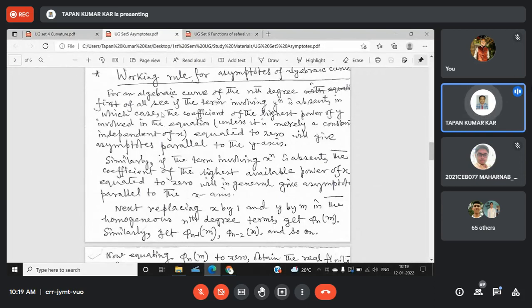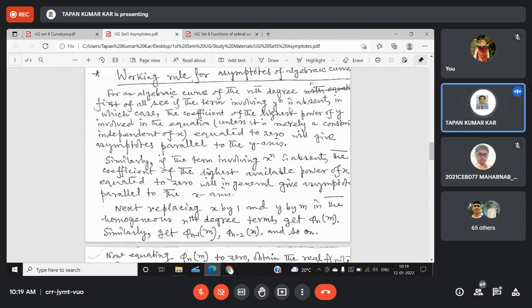Look at this. For an algebraic curve of the nth degree, usually you will get 3 degree, 4 degree like that, or maximum 5 degree. For an algebraic curve of the nth degree, first of all, see if the term involving y to the power n is absent. Nth degree equation, but y to the power n is absent. Means what?